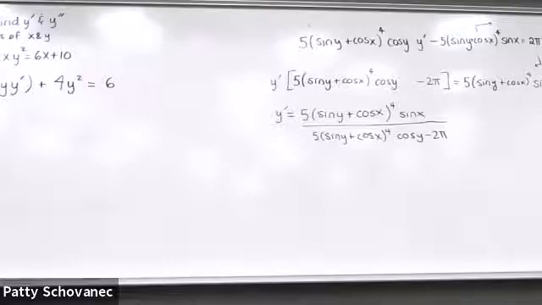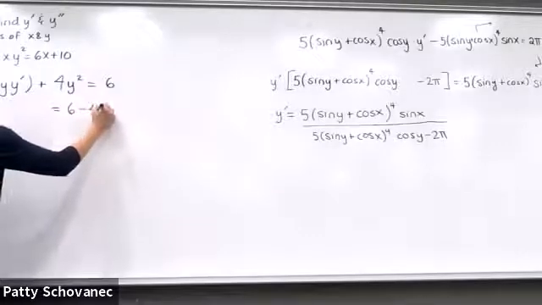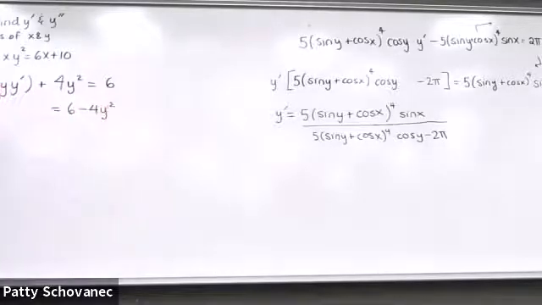Then what did you do? I moved 4y squared to the other side. Okay. Did you go ahead and multiply these out? Get an 8xy prime. And the next step?